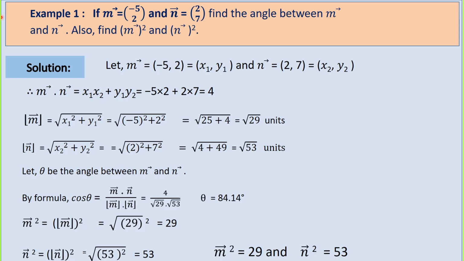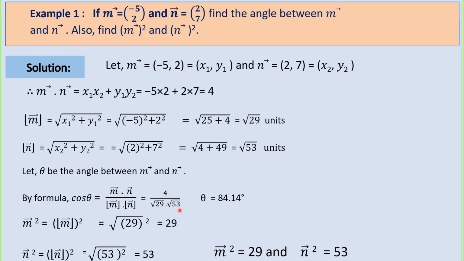Let theta be the angle between vector m and vector n. Then by formula, we can write cos theta is equal to product of vector m dot vector n over modulus of vector m dot modulus of vector n. That can be written as 4 over root 29 dot root 53.